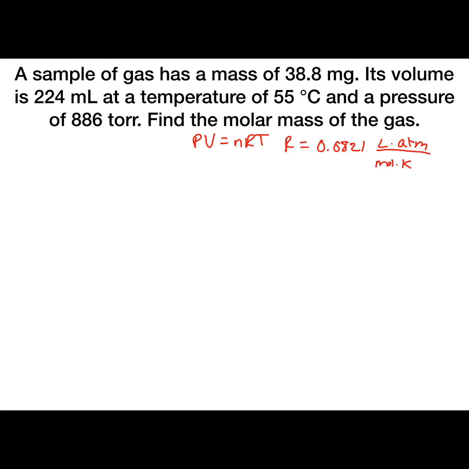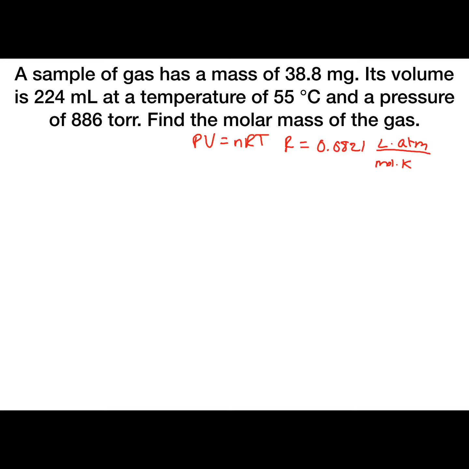So our volume must be in liters, our pressure must be in ATM, it must be in moles, and then temperature must be in Kelvin.